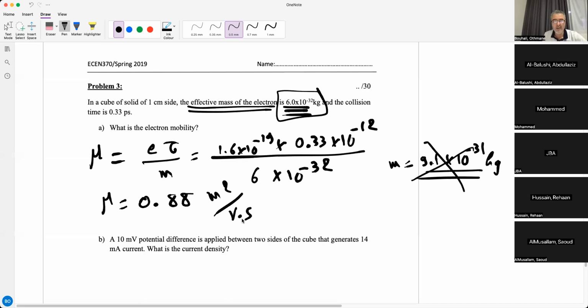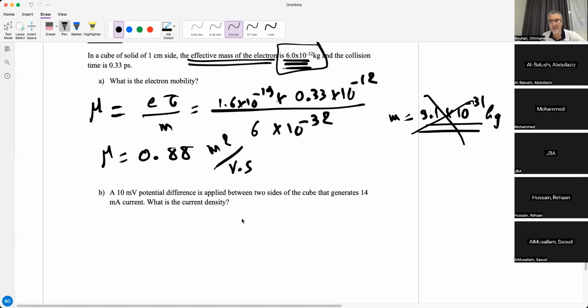Now, a 10 millivolt potential difference is applied between two sides of the cube that generate 14 milliamp. What is the current density?